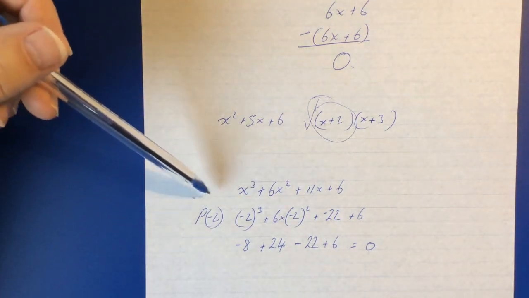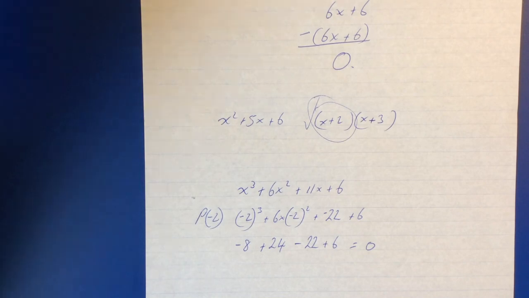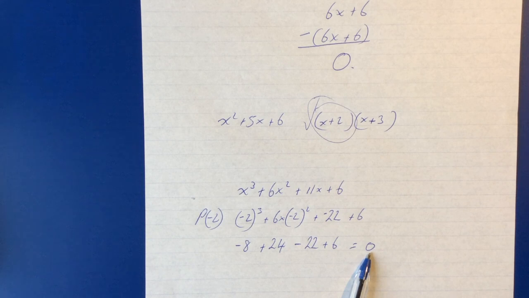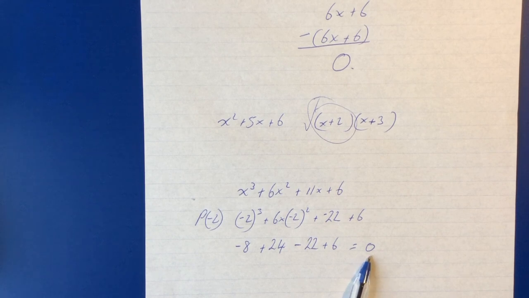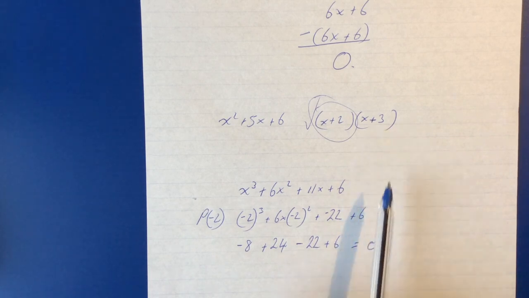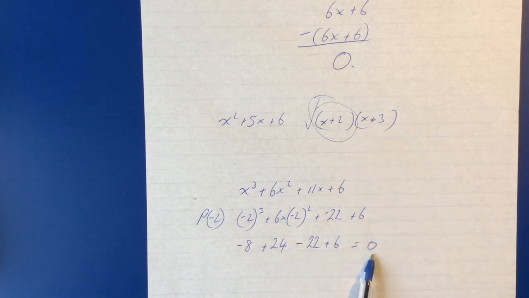But if we put negative 1 into this, we discover a factor. And that might encourage you to try 2 or negative 2. And you discover with negative 2 that you've got a remainder of 0. That might further encourage you to try 3 or negative 3. And if you try negative 3, you will get 0.